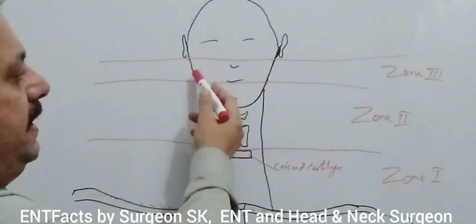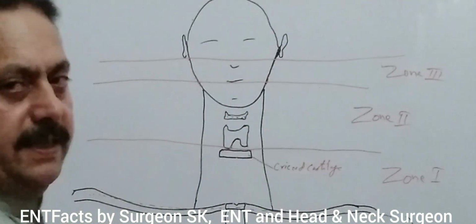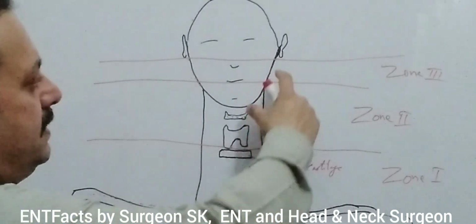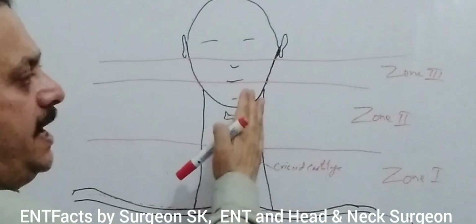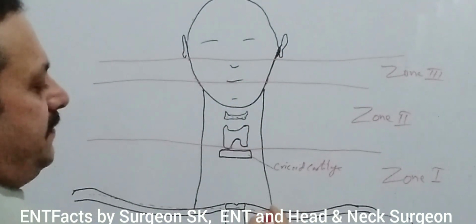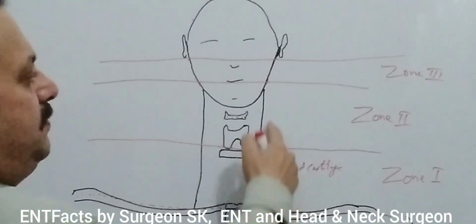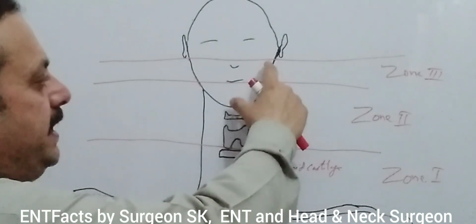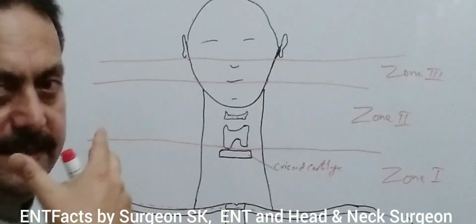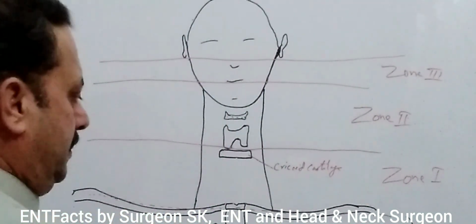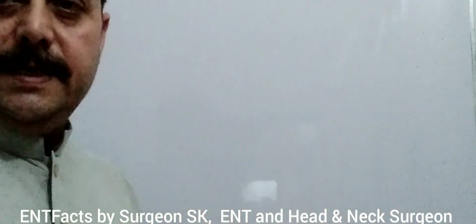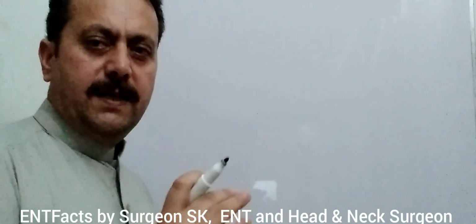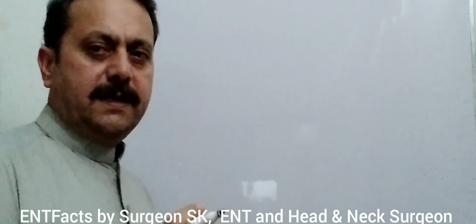Upper part of the neck is hidden by this lower part of the face. This neck, if we see from the side, starts from here, from the clavicles up to the base of the skull, but that part, the upper part of the neck, is hidden by this lower part of the face. Let me first remove this. Now, for understanding the proper height of the neck, I would have to draw the diagram of the neck from the side.